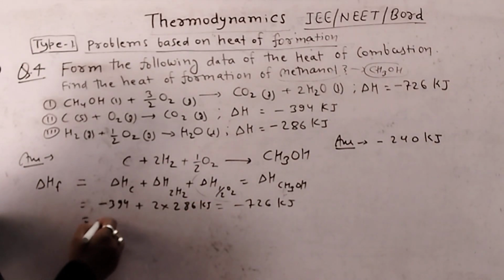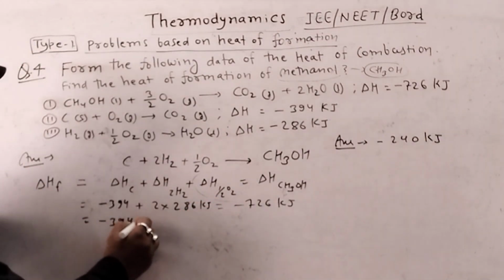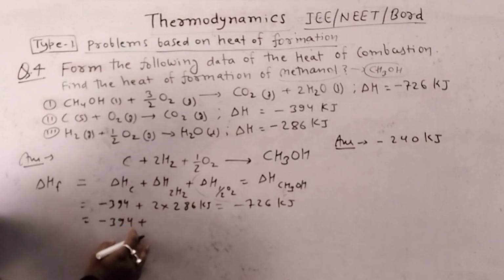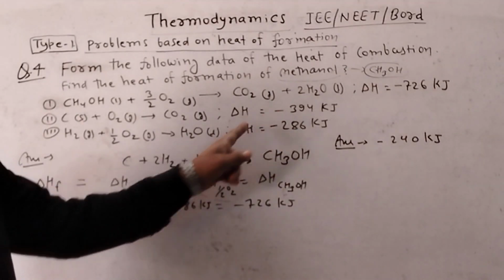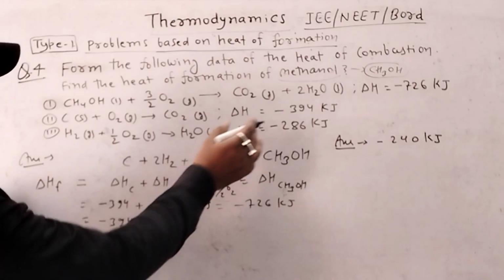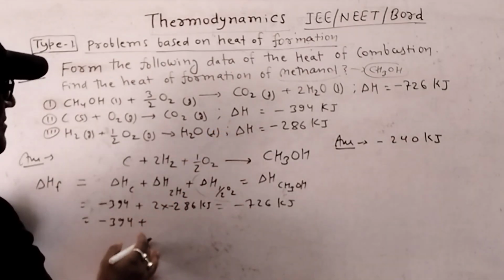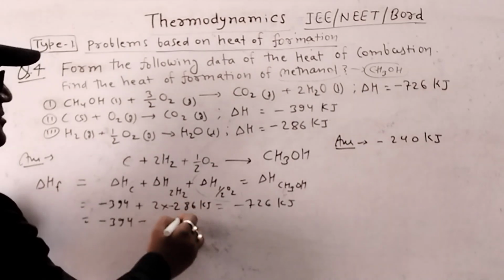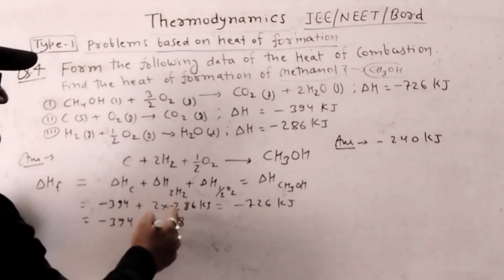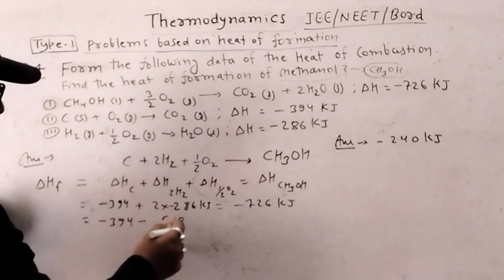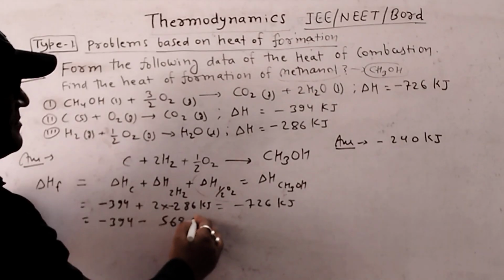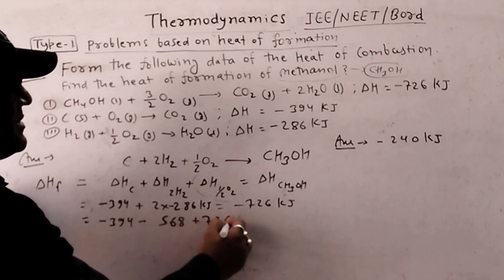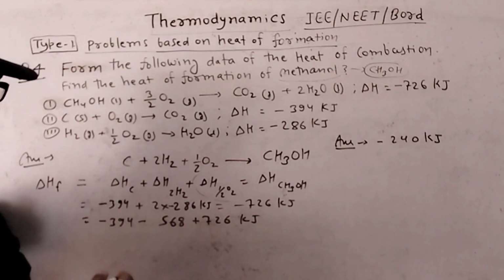After that, minus 394 plus. Now we can check once again: 286 is also minus, so plus, minus, minus, and 2 times 286 is 568, plus 726 kilojoule.